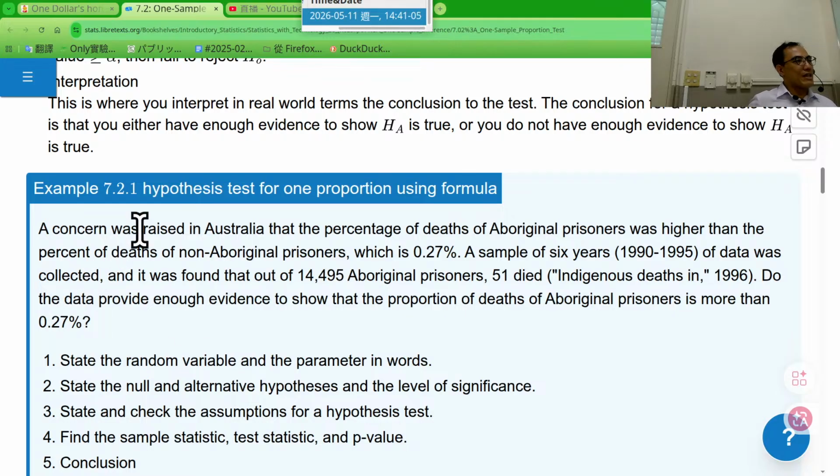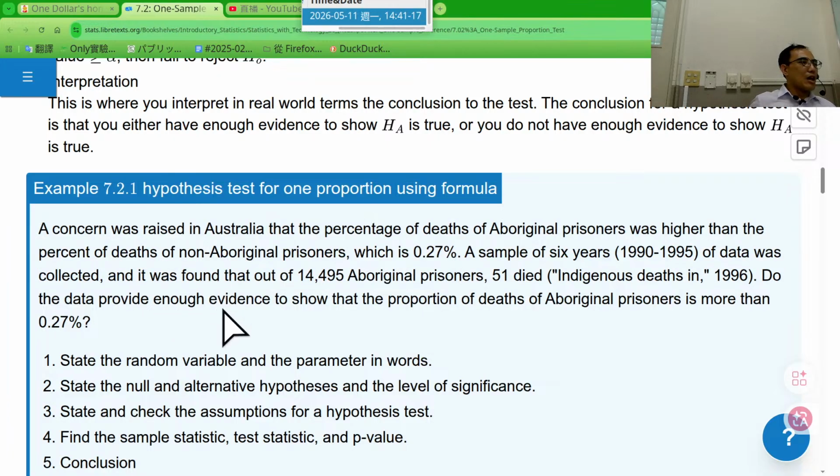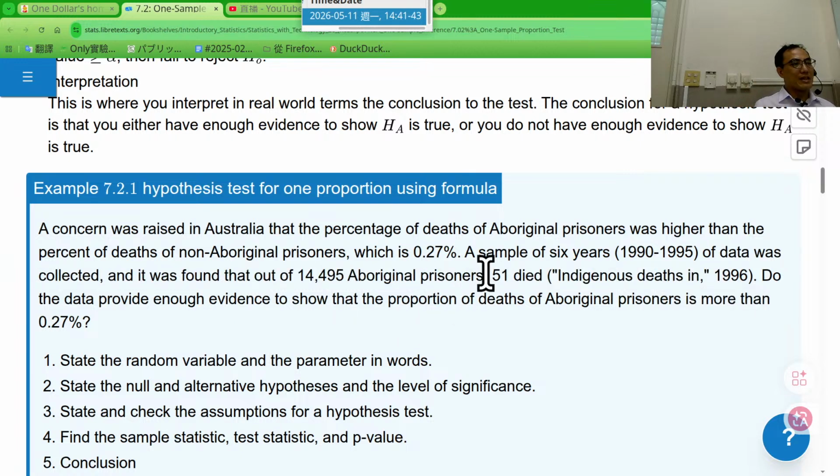A concern was raised in Australia that the percentage of deaths of Aboriginal prisoners was higher than the percentage of deaths of non-Aboriginal prisoners, which is 0.27%. Over 6 years, from 1990 through 1995, data was collected, and it was found that out of 14,495 Aboriginal prisoners, 51 died.